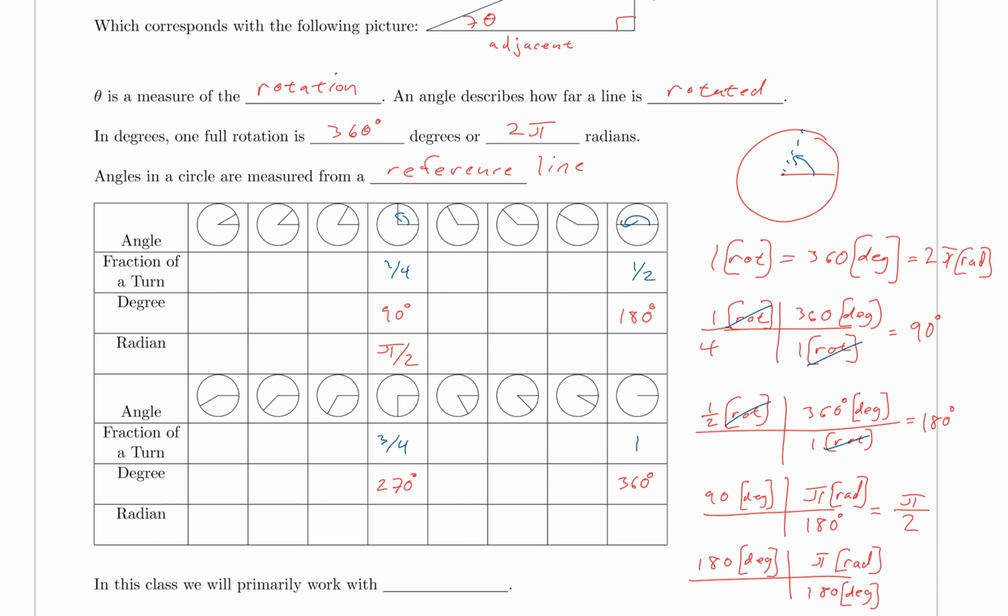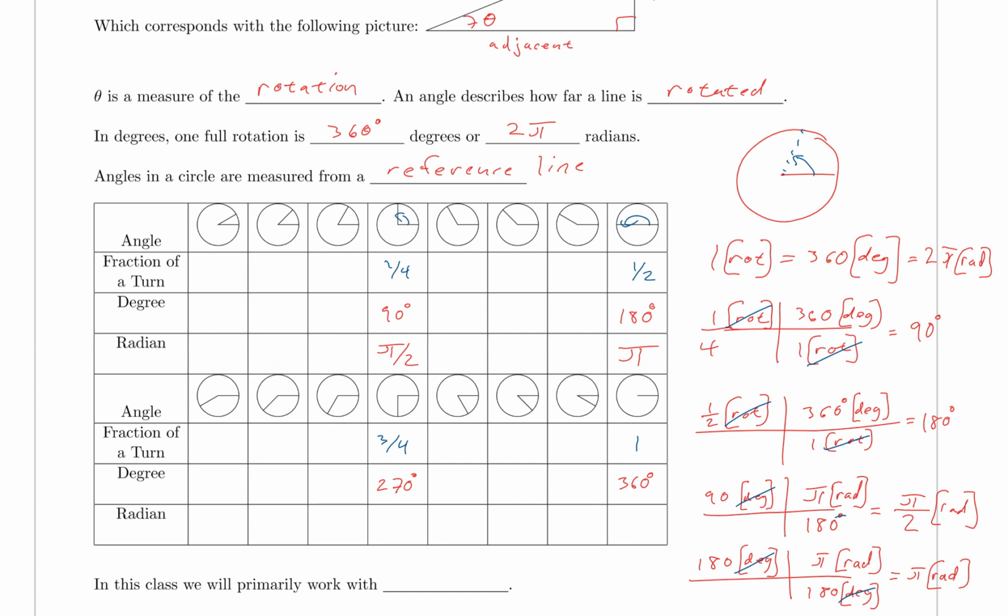And of course 180 over 180 is 1, and so we end up with simply pi radians. And I forgot to write the unit here. It's not so important to write it when it's radians all the time, but you do want to keep track of your units. So degree to degree, degree to degree. All right? And so when you write this in, this is simply pi.